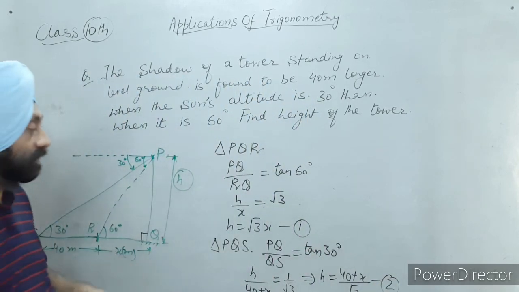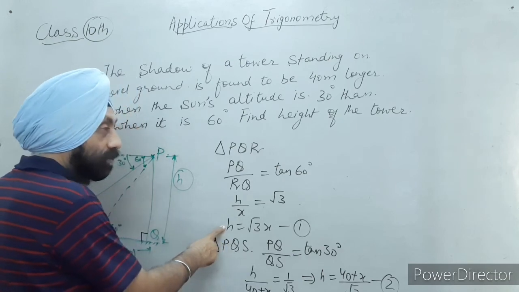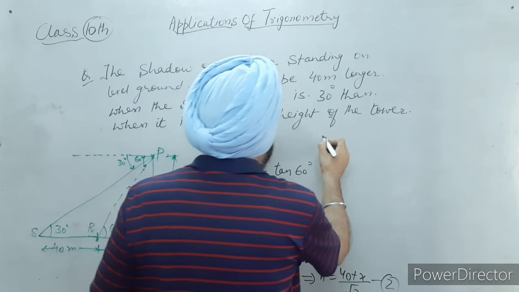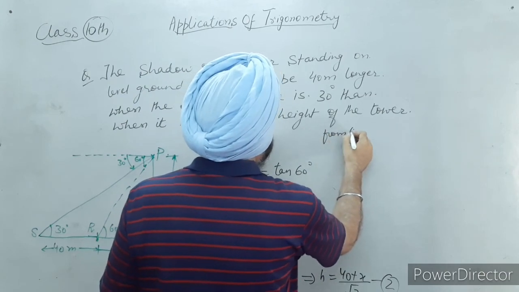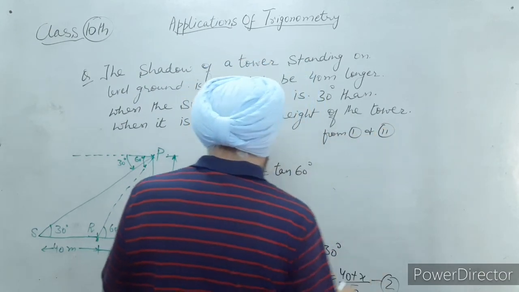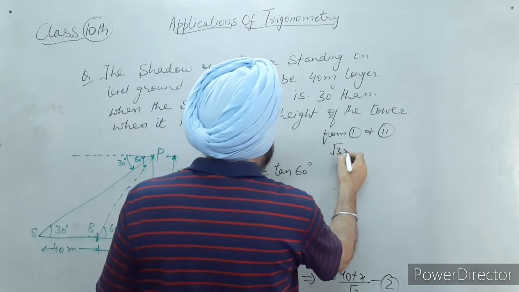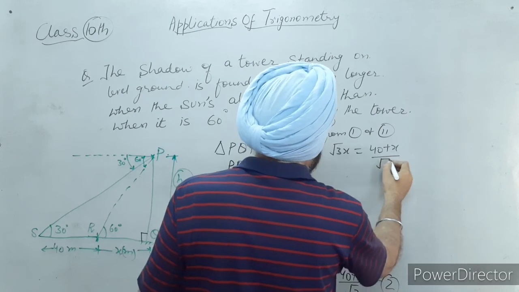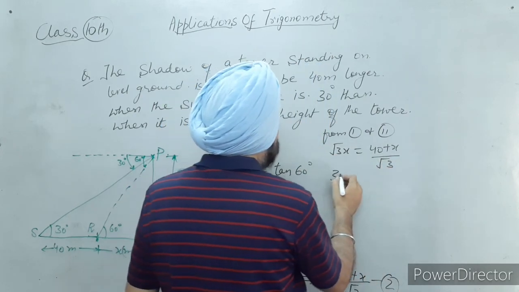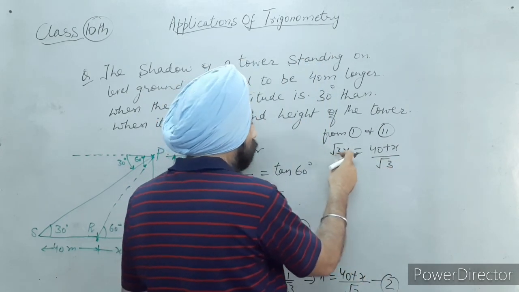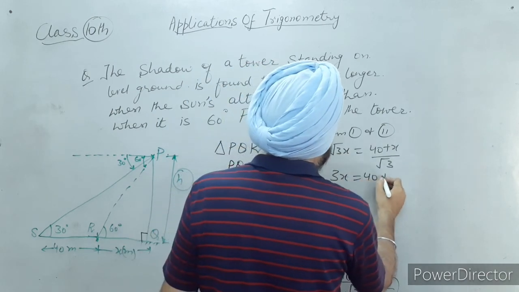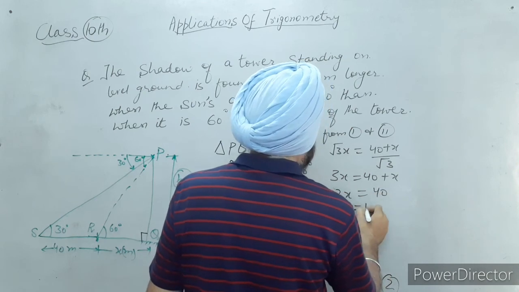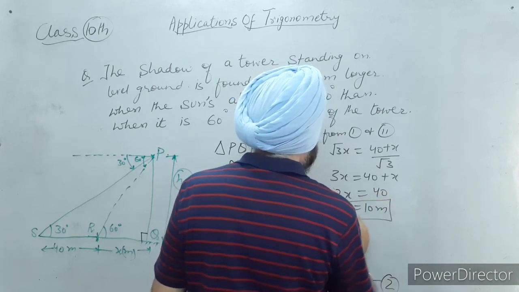Now from first and second, this is the value of H, also this is also H. I can equate these two. From first and second, under root 3 x is equal to 40 plus x upon under root 3. Cross multiply, under root 3 into under root 3 is 3, so 3x is 40 plus x, that is 2x equals 40. I get x as 10 meters.